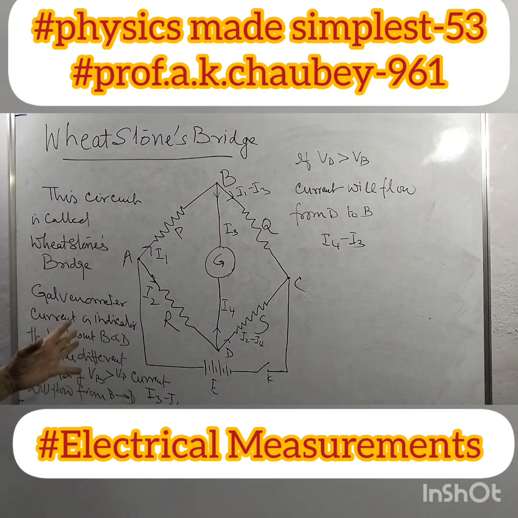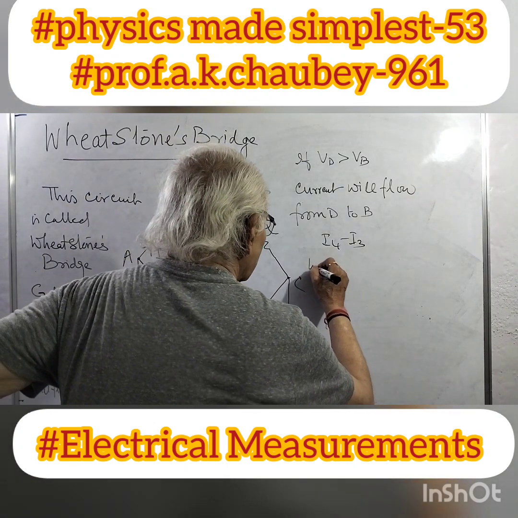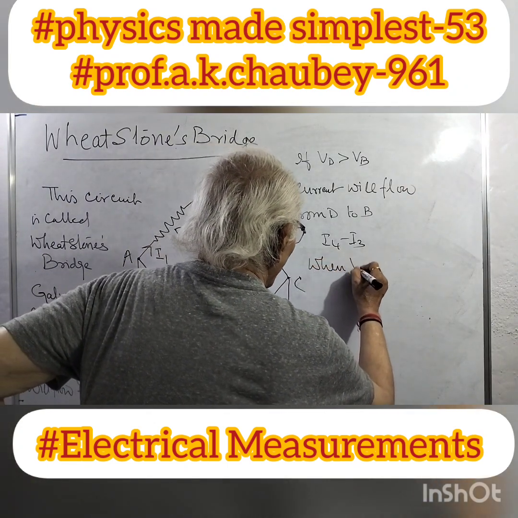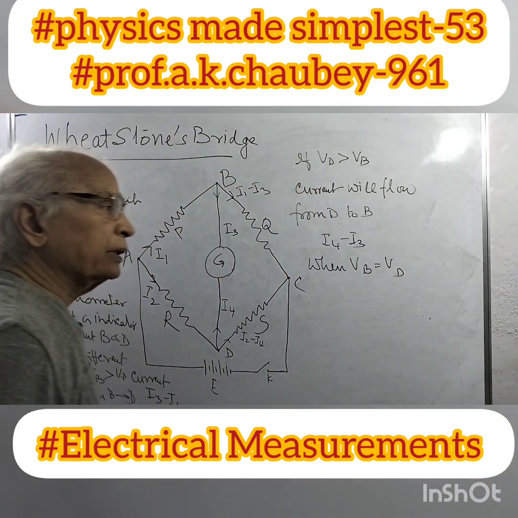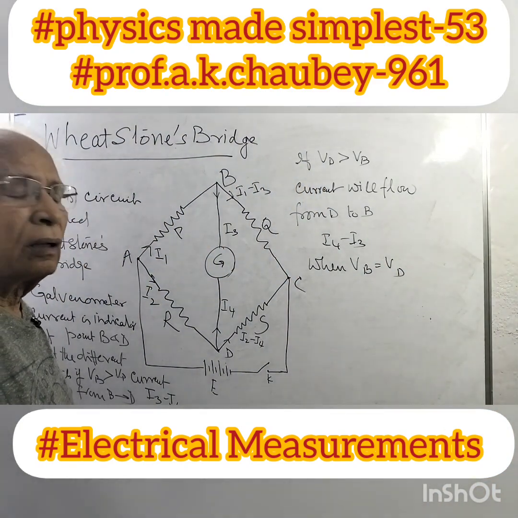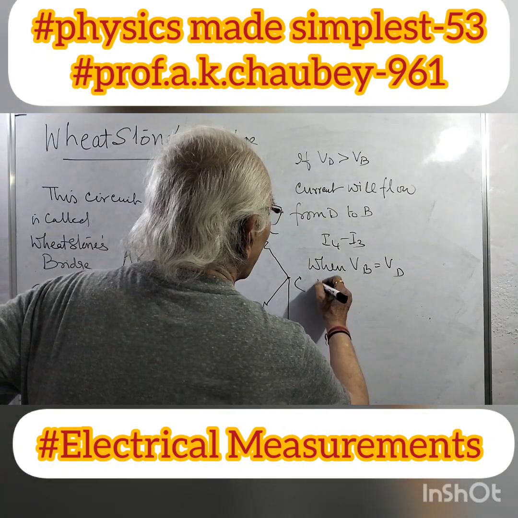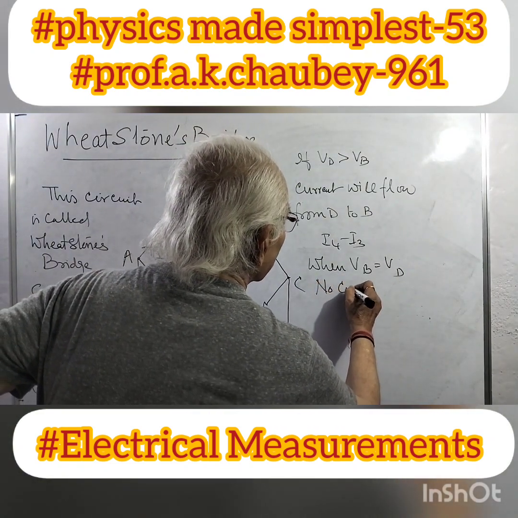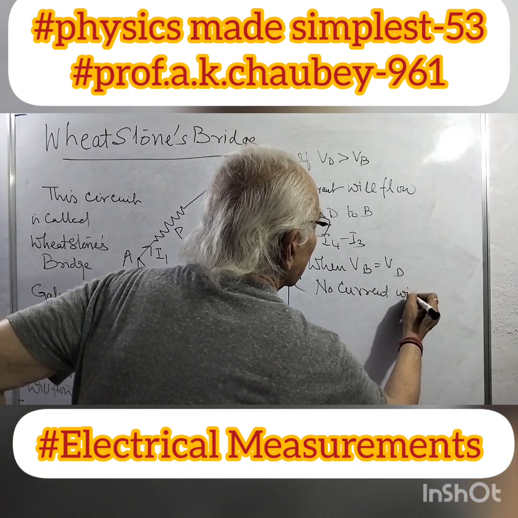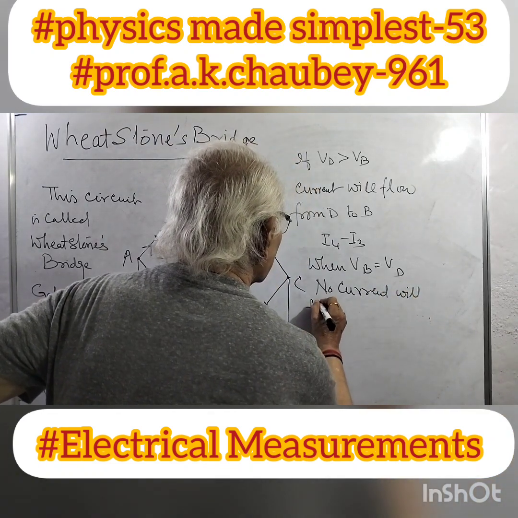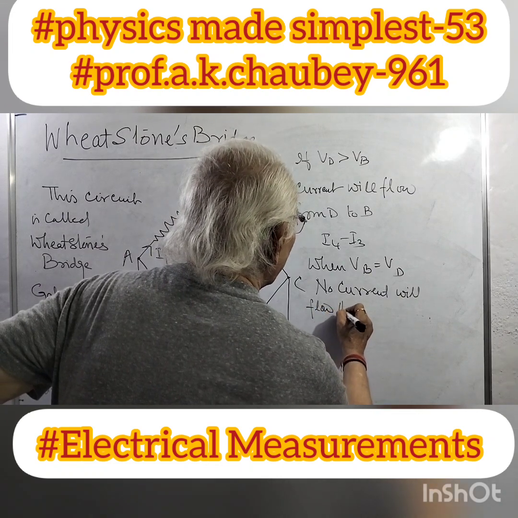Okay. Now let us see, in this bridge, when VB and VD are equal, the potentials, both potentials are equal, no current will flow through the galvanometer.